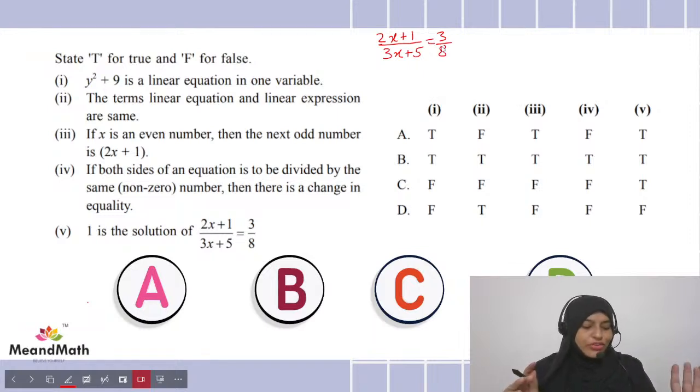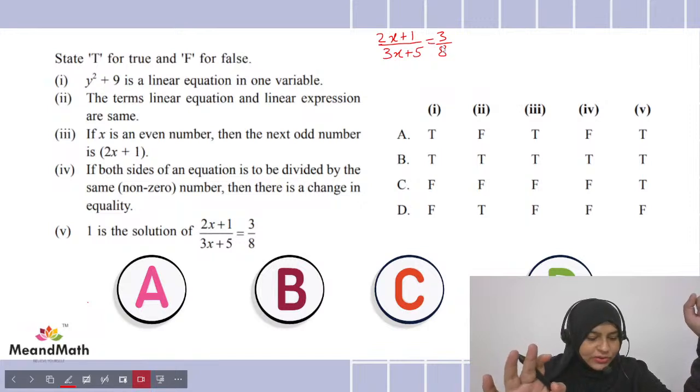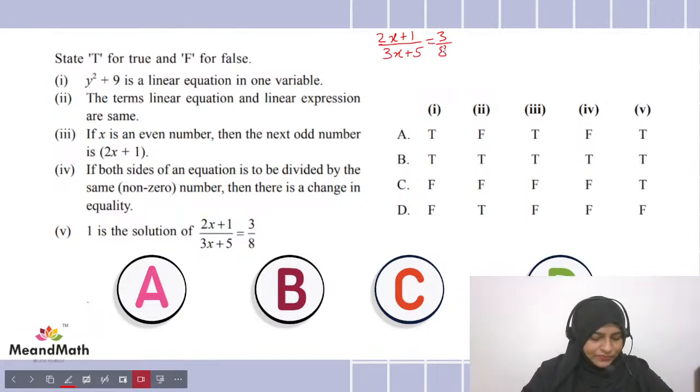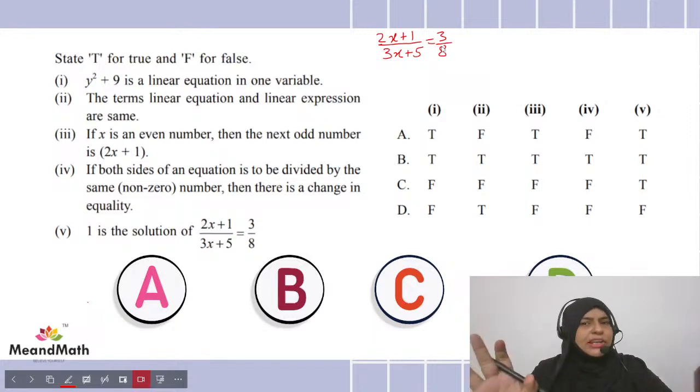All of you, I hope you have your notebooks and pen with you. Try to solve this equation so that you can find the value of x. It's a simple equation.